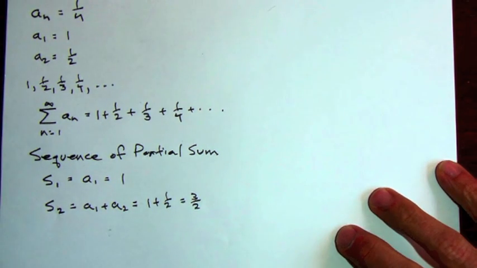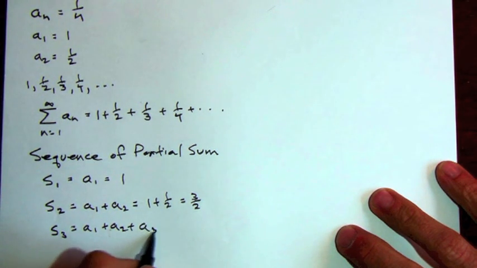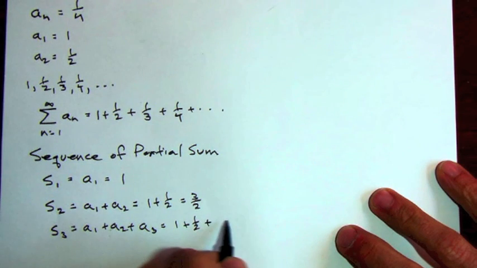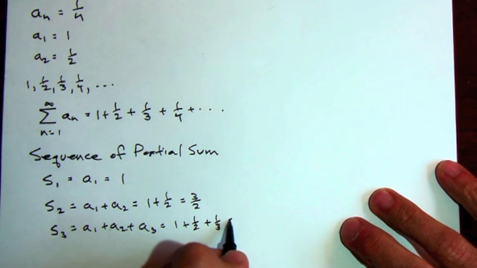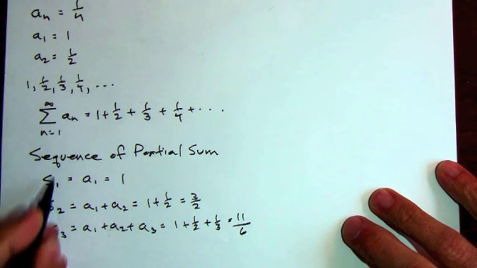And then S3, that's A1 plus A2 plus A3, that's 1 plus 1/2 plus 1/3, and that would turn out to be 11/6. So we can have a sequence then, right?